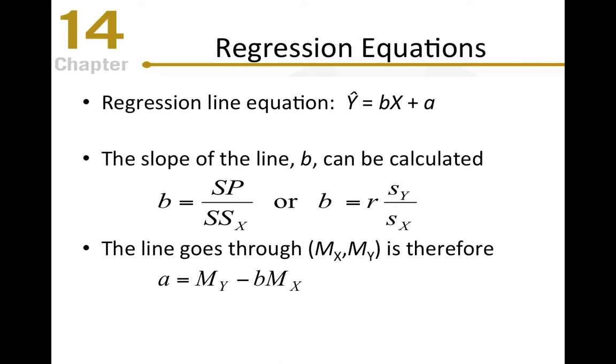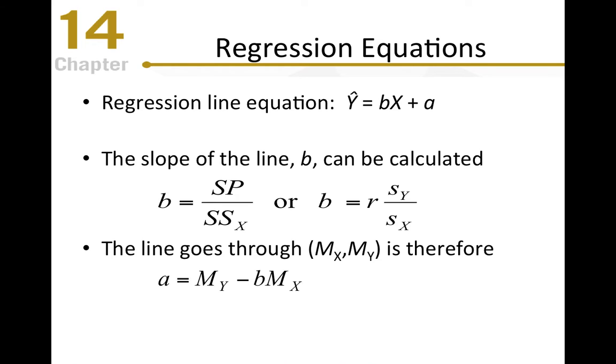So how can we calculate the slope? Well, there's two formulas that we can use. For the slope, we can use SP over the sum of squares for x, or the regression coefficient for x and y times the standard deviation for y over the standard deviation for x.